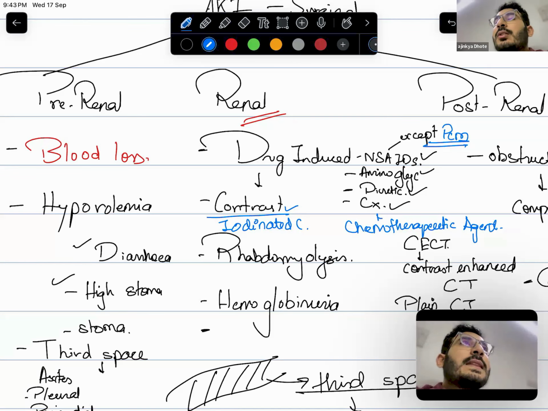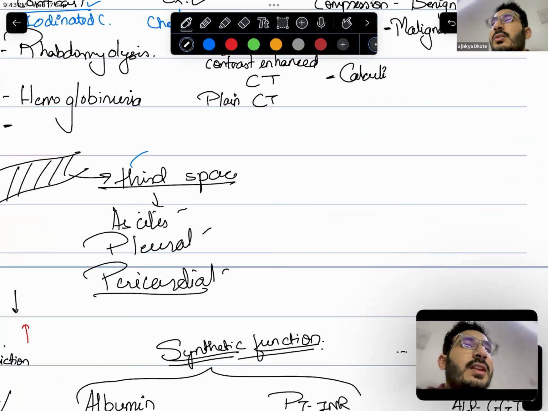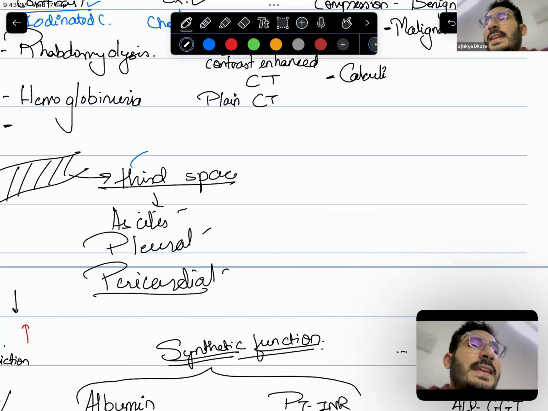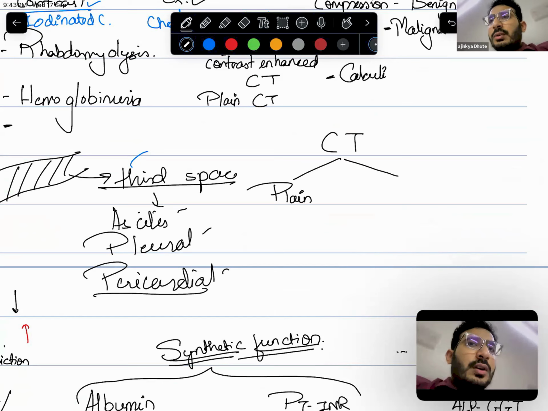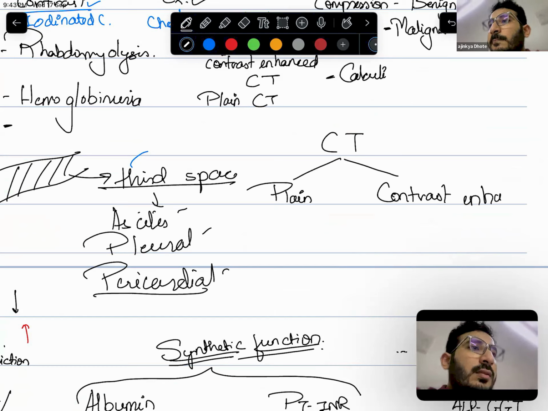Now, why is this important? Whenever you need to investigate a patient for anything and you plan to do a CT, you can either go for a plain CT or you can go for a contrast enhanced CT. Now, what do you do in contrast enhanced CT?